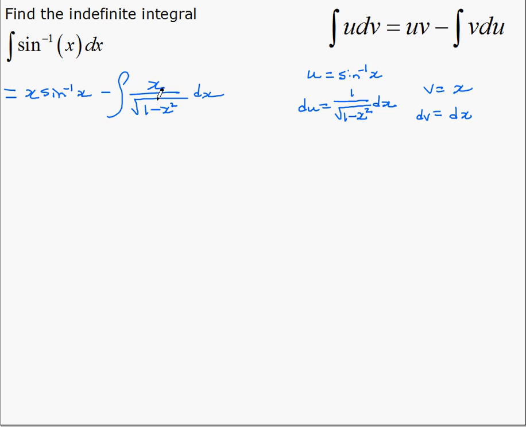Now this is just another integral. All the integration by parts does is give us an integral that we need to solve that hopefully is easier. Hopefully you can notice here as well that 1 minus x squared, if you set that equal to u, du is minus 2x dx. We have x dx, so that'll work fine.